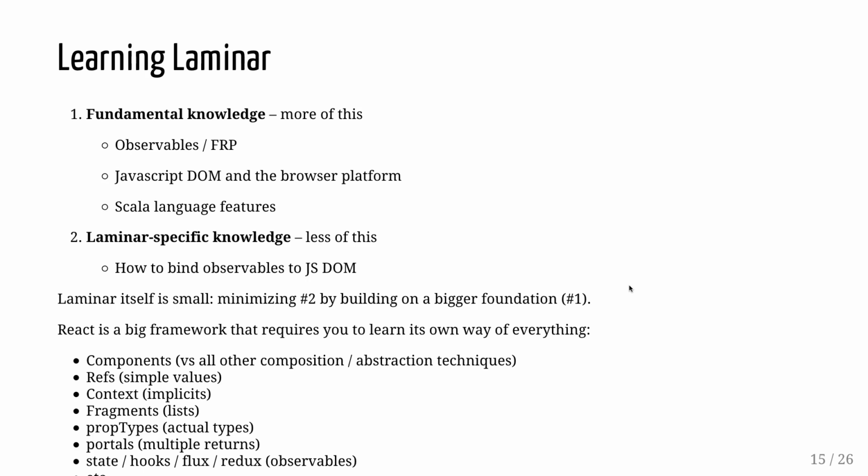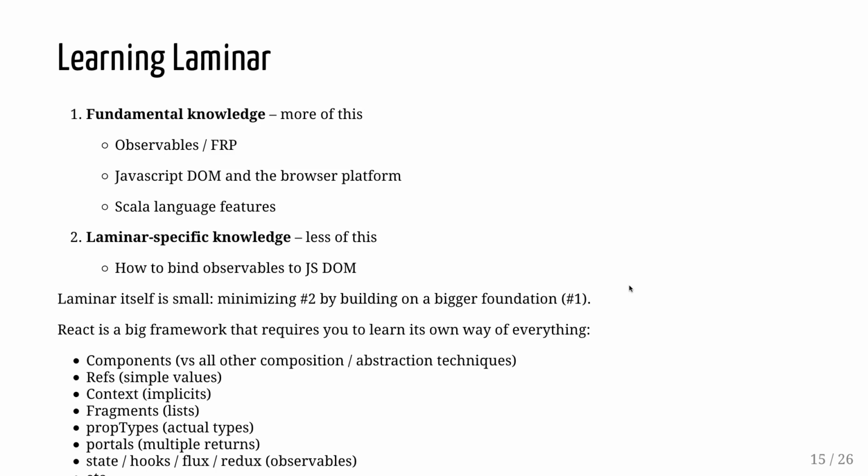Laminar is a really small library. All it does, basically, is let you build a DOM tree using observables to respond to changes. And those are the things that you will actually spend the time learning: observables and functional reactive programming, JavaScript DOM and the browser platform, and just Scala language features in general, the composition and abstraction techniques.